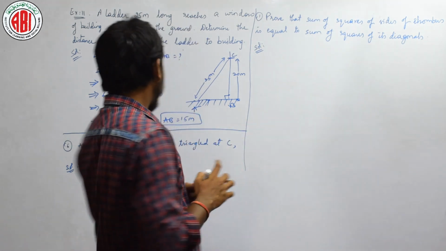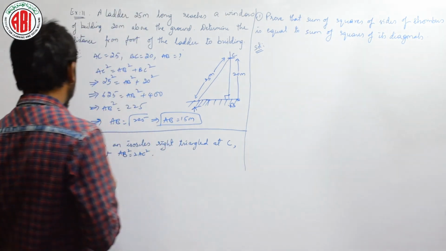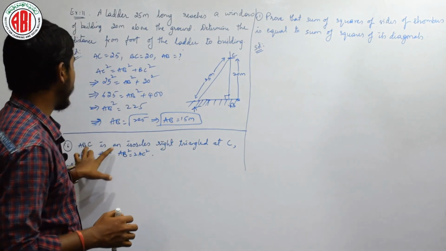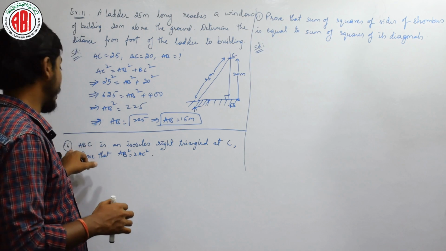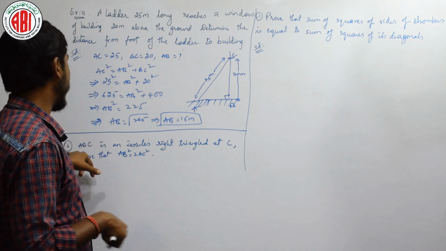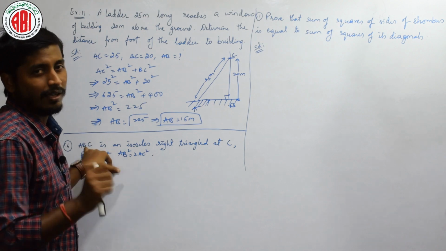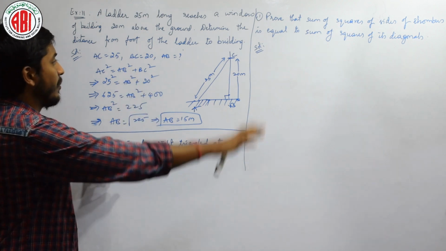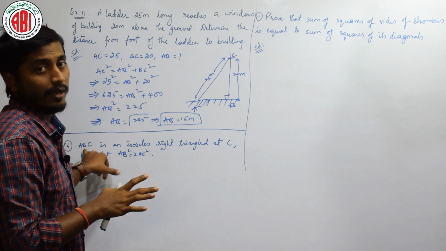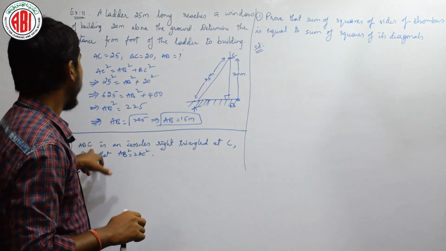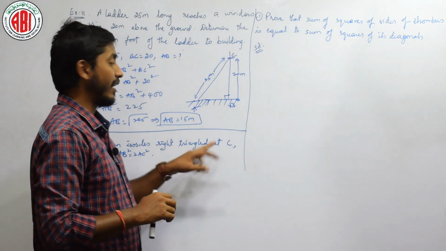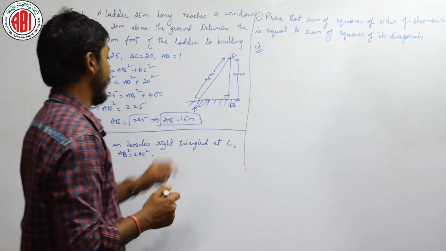Okay, let us do one more same kind of problem. Here there is an exercise problem which is question number 6 in your textbook. Do not get confused. I have picked the questions in such a way that we can solve the basic kind of questions together. Okay. Now see here, they gave ABC is an isosceles right angle triangle, right angled at C itself.